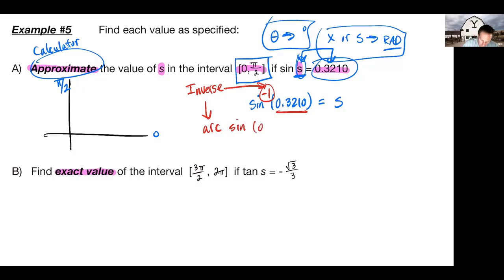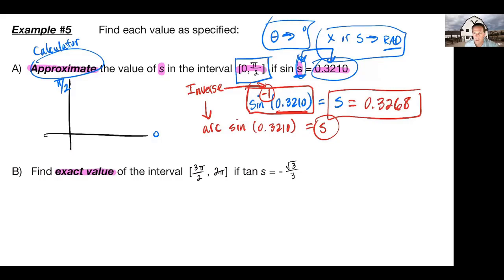And that is also a way to write the inverse, to find that angle. All right, so go ahead and punch that in your calculator and make sure that you get out the angle for S that we're looking for: the inverse or arc sine of 0.3210. 0.3268, which remember is the approximate angle measurement on that unit circle in radians.